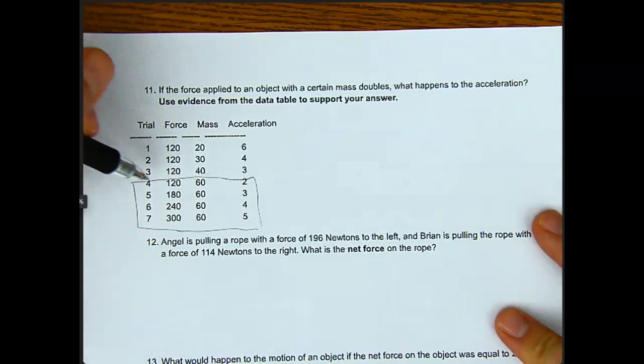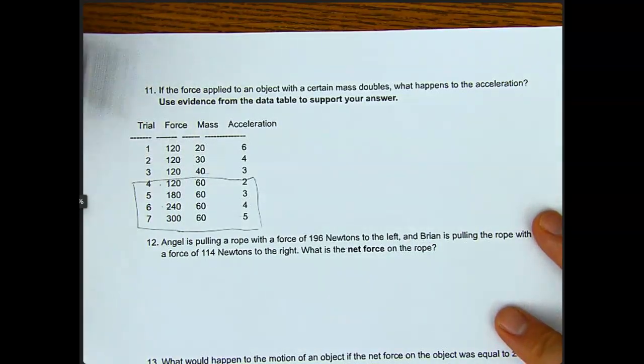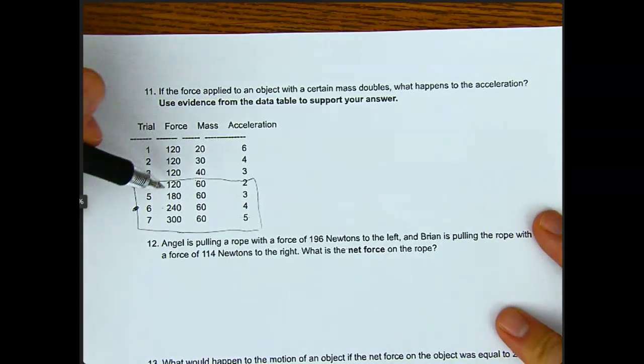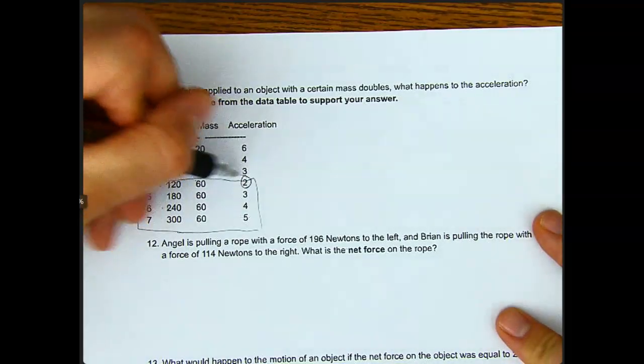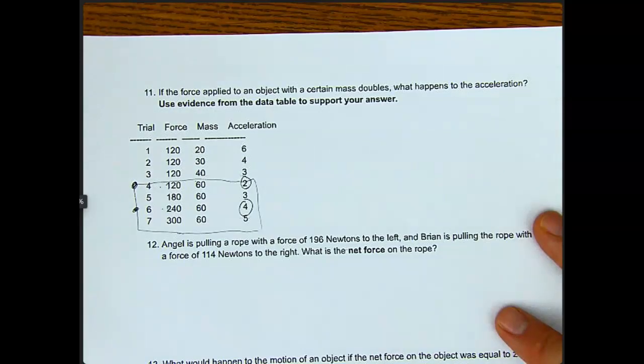I can see that it doubles from trial 4 to trial 6. I go from 120 to 240. So I can use these two trials, 4 and 6. And the question is, when the force doubles, what happens to acceleration? Well, I can see it goes from 2 up to 4, and that's a doubling. So I can say that when force doubles, acceleration also doubles.